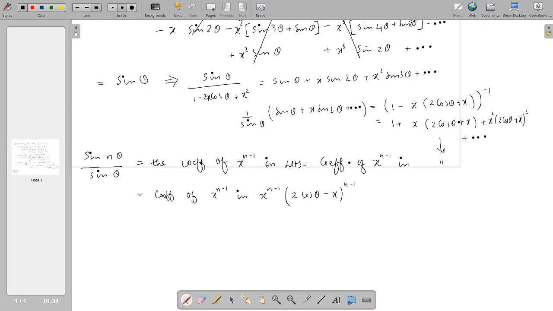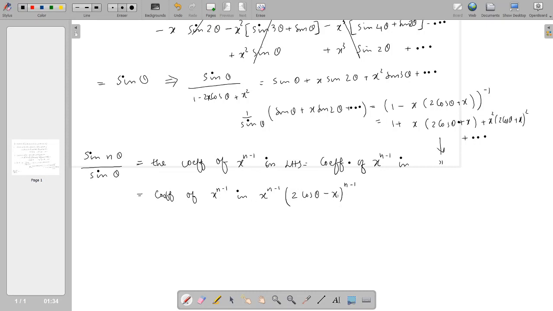So in order to get the coefficient of x raised to n minus 1 from the right, we will first target the coefficient of x raised to n minus 1 in x raised to n minus 1 times 2 cos theta minus x raised to n minus 1.